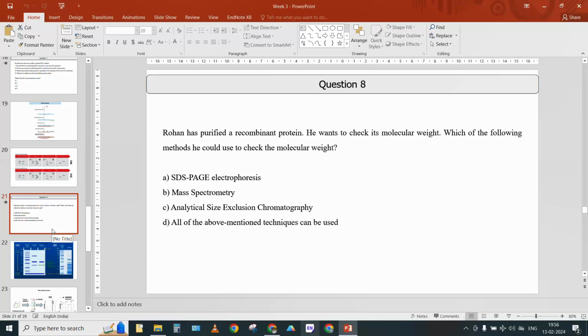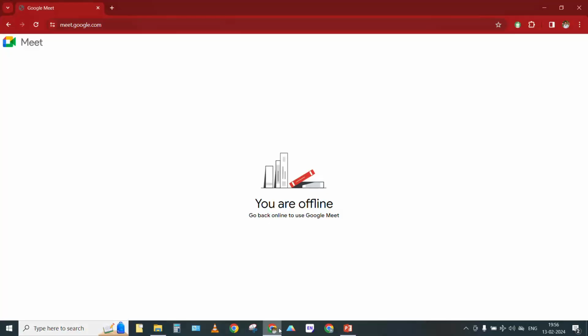The options are SDS-PAGE electrophoresis, mass spectrometry, analytical size exclusion chromatography, or all of the above mentioned techniques can be used. This is an interesting and very practical question. Anyone would like to answer this? Okay, let me ask someone.